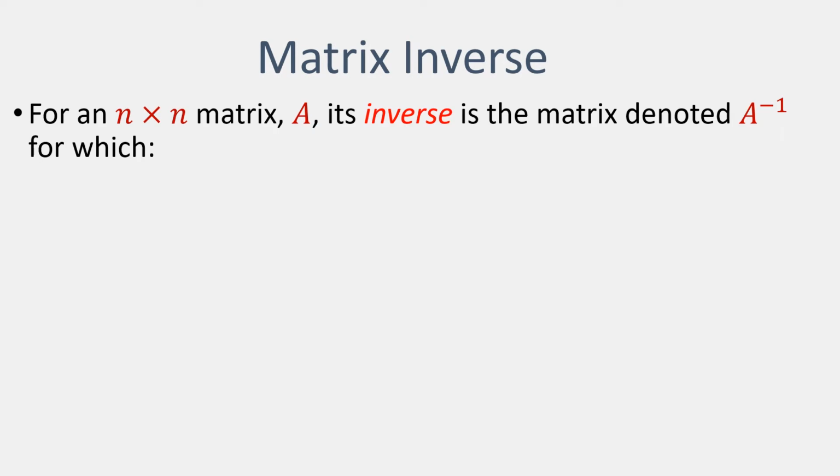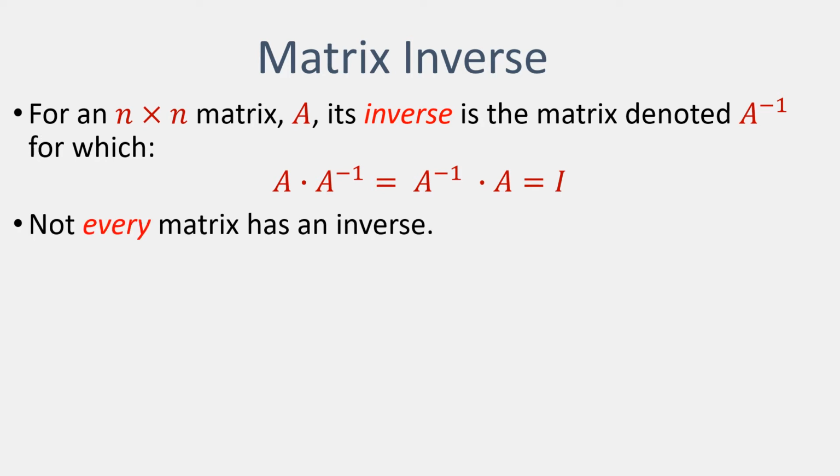Now, matrix inverse, this is a very important idea. If we look at a square matrix, then its inverse is a matrix for which we use this notation, and it has the property that when we take our matrix and multiply it by its inverse, the outcome is the same as taking the inverse and multiplying it by the matrix, and that outcome is the identity matrix.